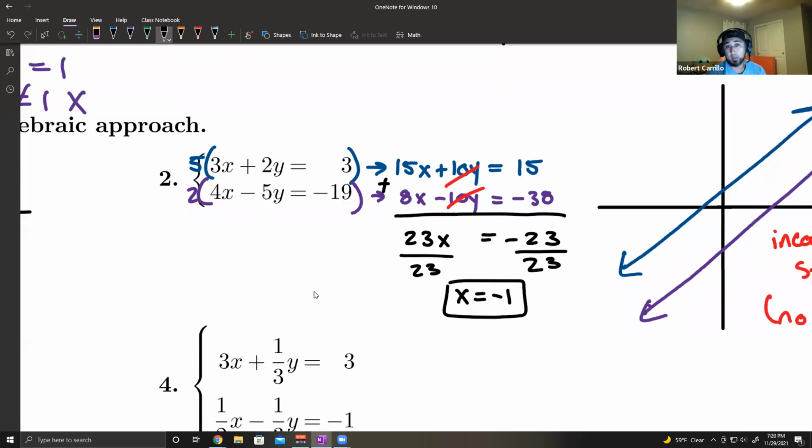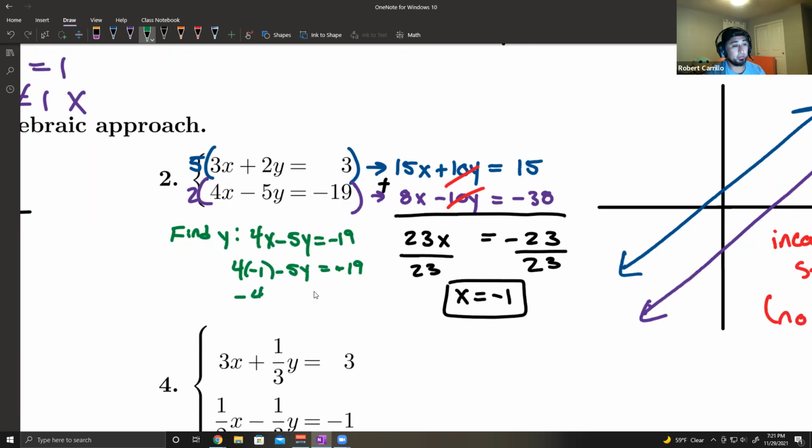Okay. And now we just have to solve for y. Want to use the first equation or the second equation? Second. All right. 4x minus 5y equal to negative 19. Let's plug that negative 1 in. So this will be 4 times negative 1 minus 5y equal to negative 19.